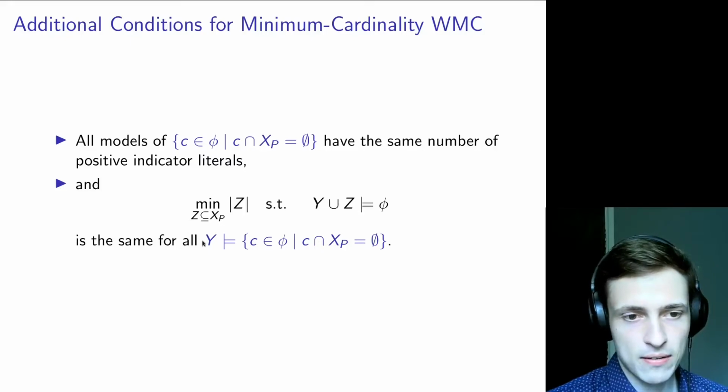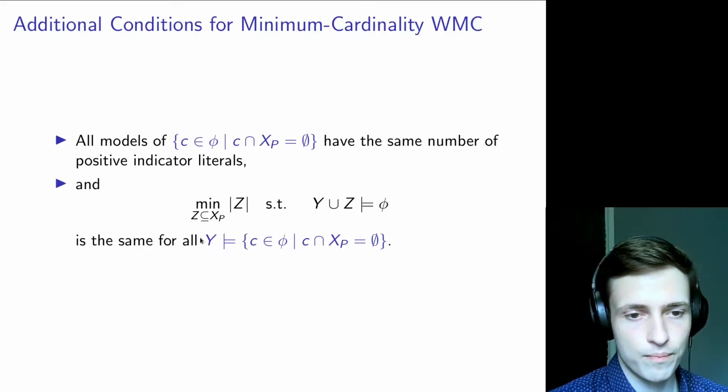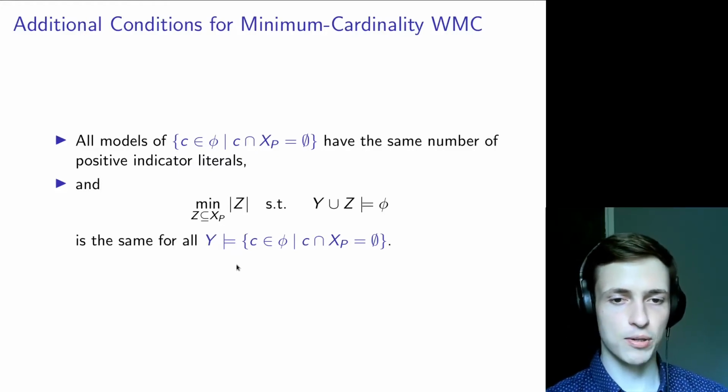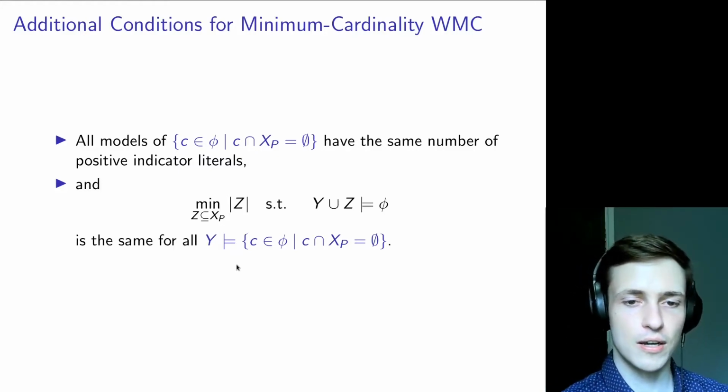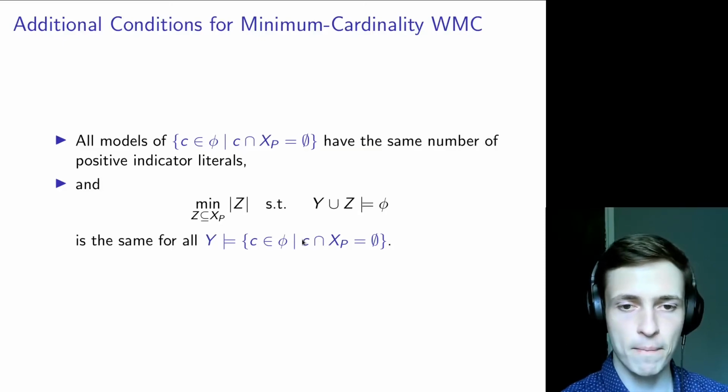And the smallest number of positive parameter literals that need to be added to such a model of a part of a formula without parameter variables is the same for all such models of the subformula.